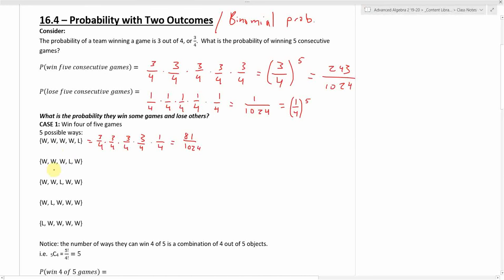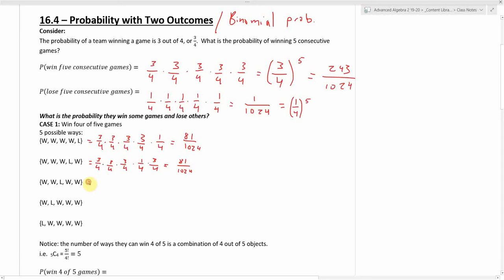If we think about, well, what if instead they won the first 3 games, and we're still trying to win 4 games, but what if they win, then they lose the 4th game and win the last game? Well, that would look like this. It'd be 3/4 times 3/4 times 3/4 times 1/4 for their 4th game they lost, and then times 3/4 because they win the last game. That also, though, would come out to be 81 over 1024.